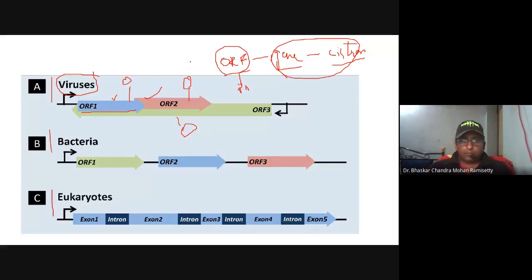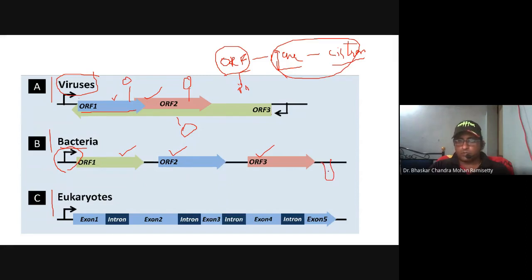With bacteria, when you say polycistronic, poly is many, and cistrons, you have gene 1, gene 2, and gene 3, or ORF1, ORF2, and ORF3. They're all under the control of one promoter, and there are no terminators in between. Assume there is a terminator here.